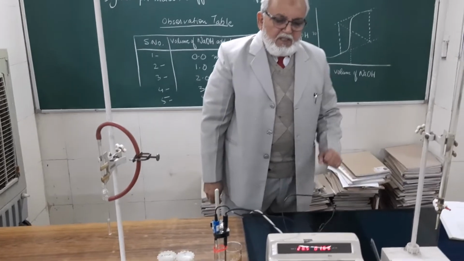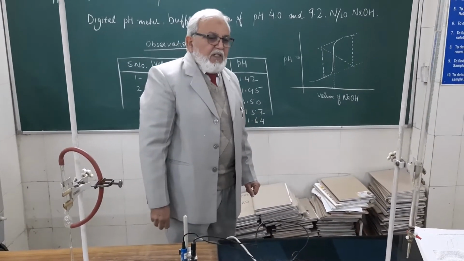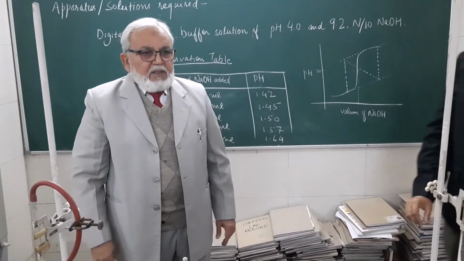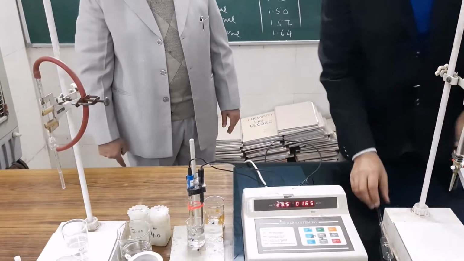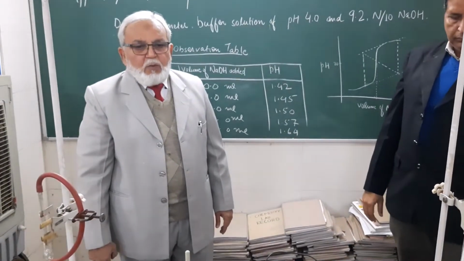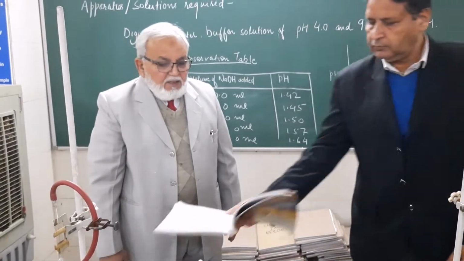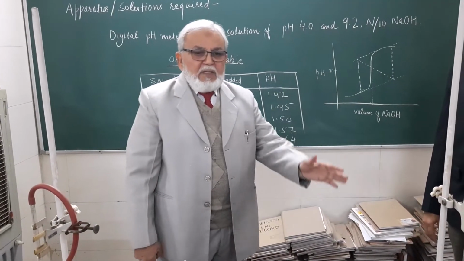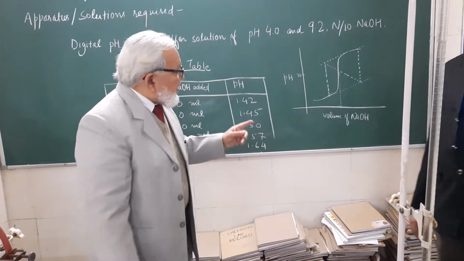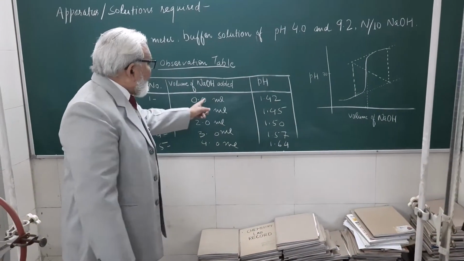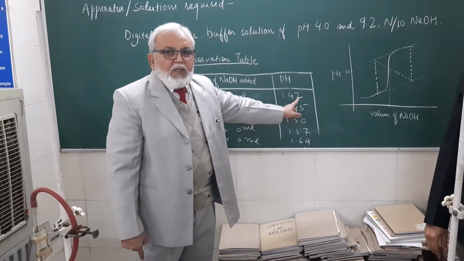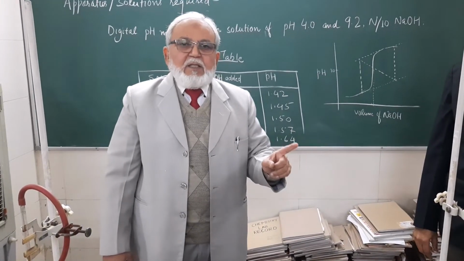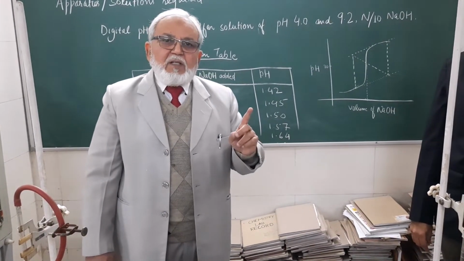So you will see here that after every addition of NaOH from the burette into this solution, the pH of the solution will go on rising. As the pH of NaOH is approximately equal to 10, and you have seen that the pH of this acidic solution was 1.42, with the addition of NaOH the pH of the solution will go on rising.